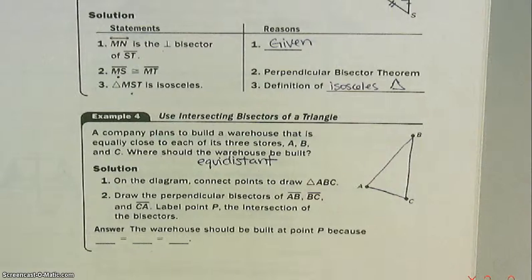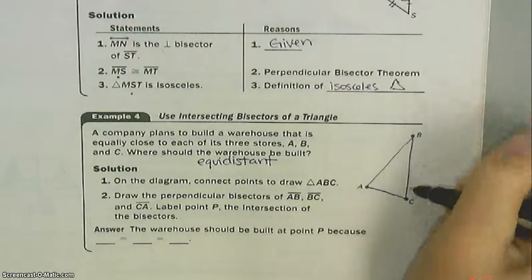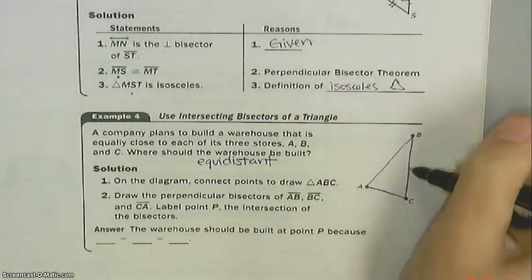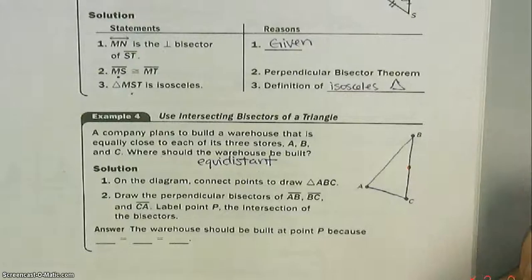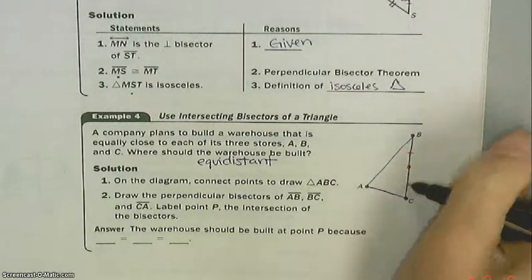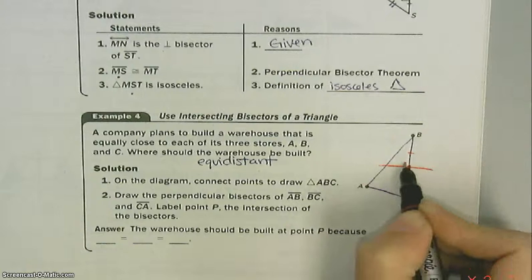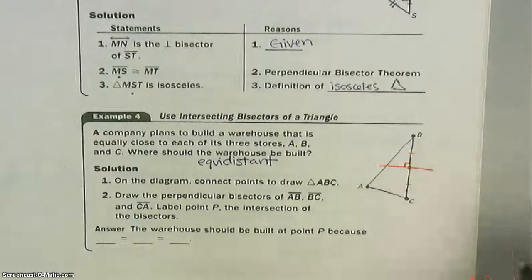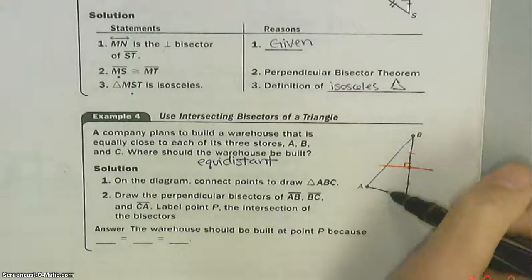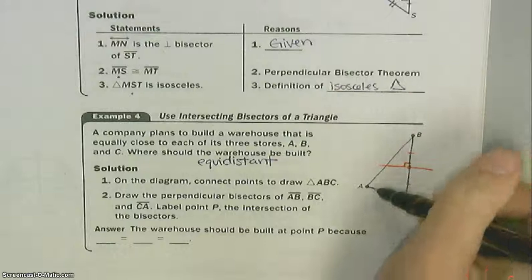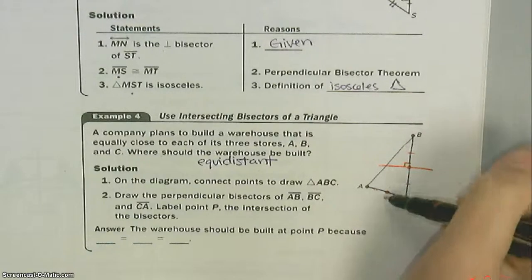All right, so we got to find the middle of each side. That looks to be about the middle to me. All right, I'll put check marks there. And then we got to draw a perpendicular line. So that looks like it's making a right angle. Let's find the middle down here. All right, we got to make a right angle.